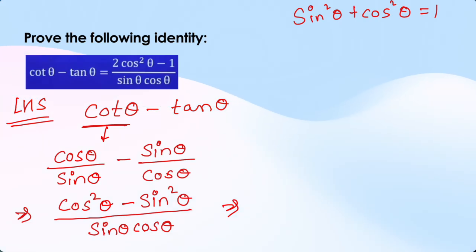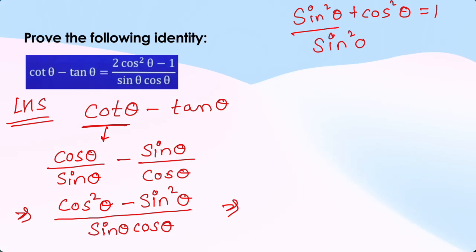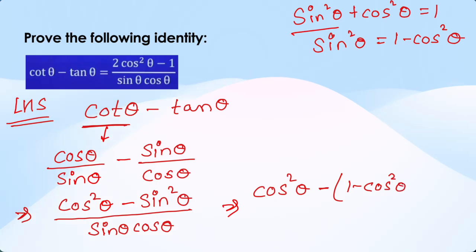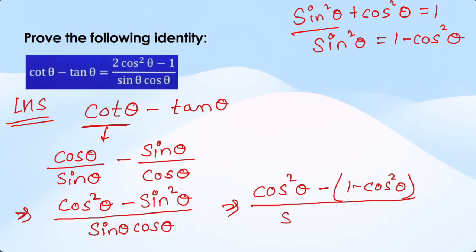Most of the time you will get the answer just by using it. Okay, so in place of sine square theta, what I can write is 1 minus cos square theta. So let's put the value. Cos square theta minus, in place of sine square theta, 1 minus cos square theta, divided by sine theta cos theta.